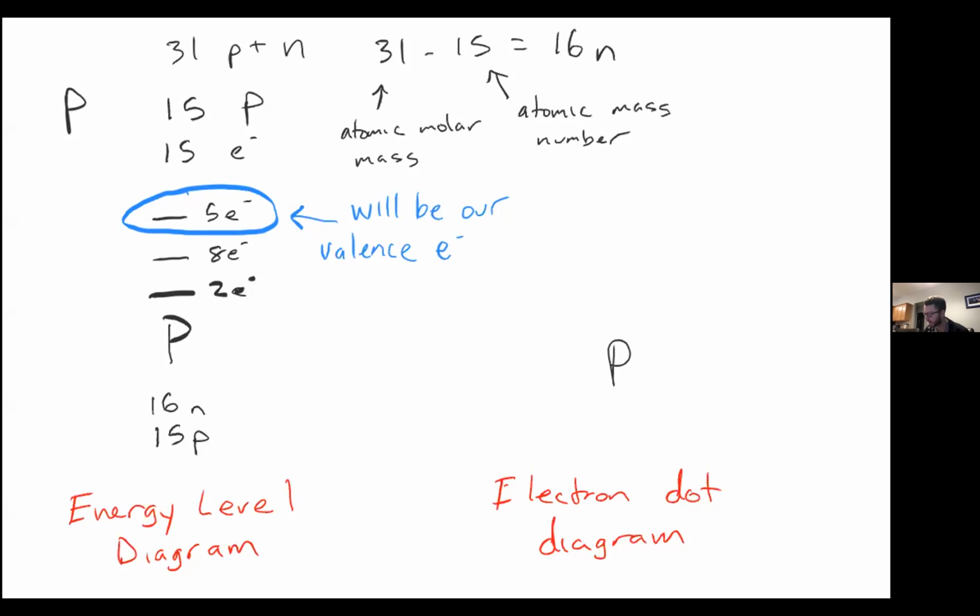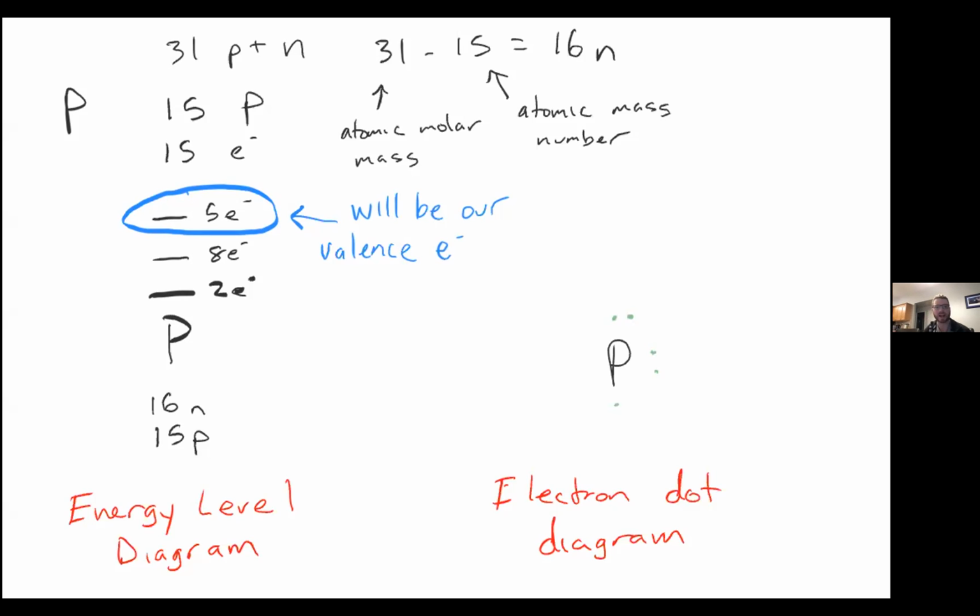Now we will add our 5 valence electrons. So that is for phosphorus.